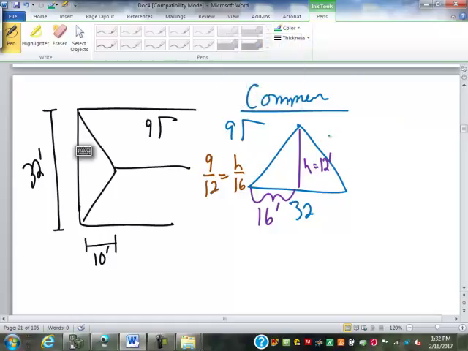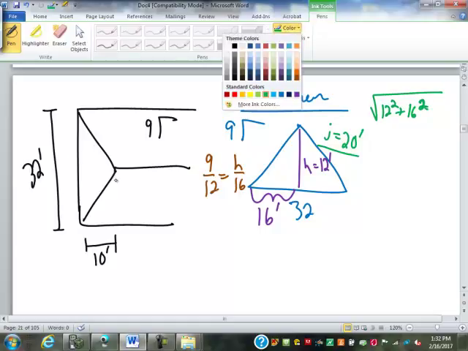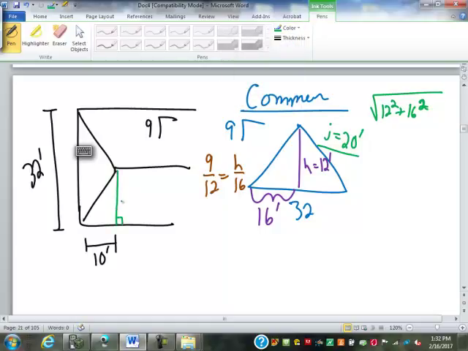So that means that j up here equals the square root of 12 squared plus 16 squared, which is 20. Now I gave you some easier numbers here too, just for the sake of time, because we're getting a little tight. I want to give you a little bit of work time on these. So that's 20 feet there.